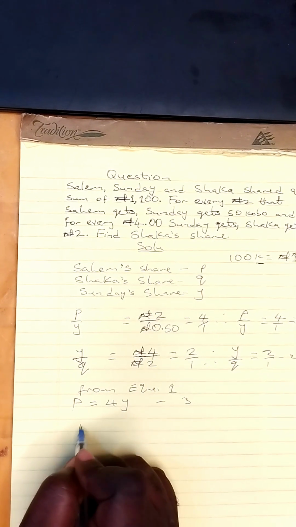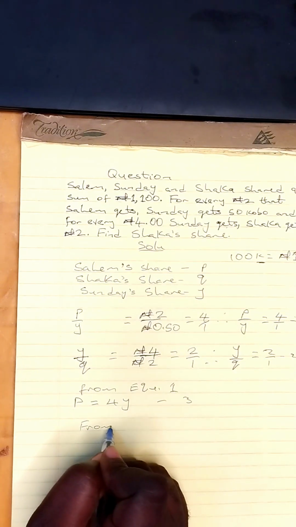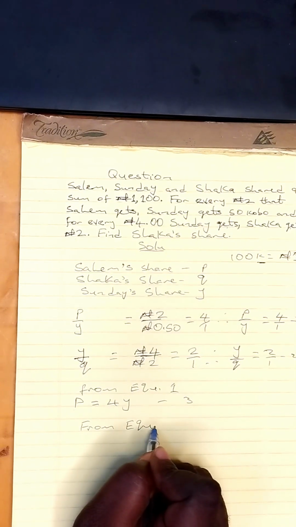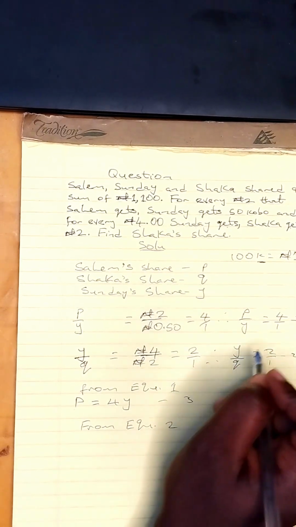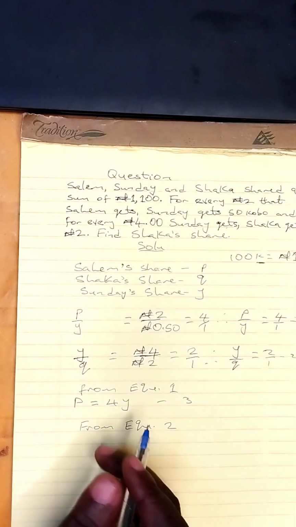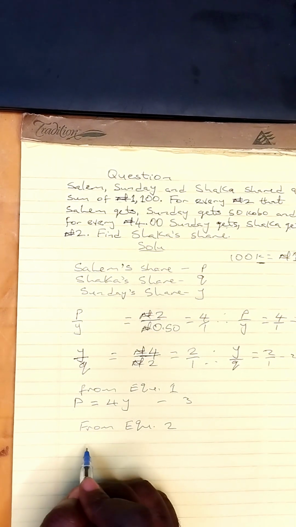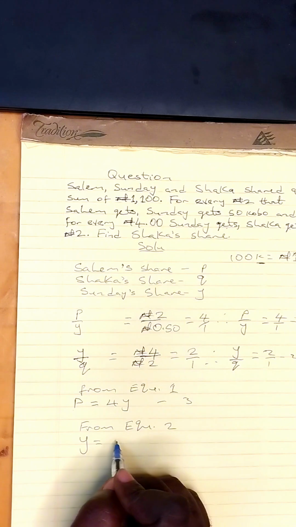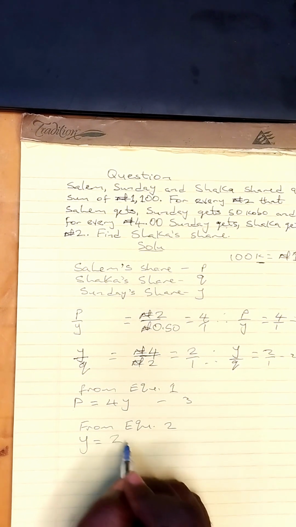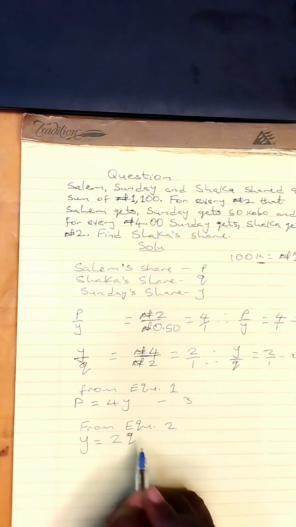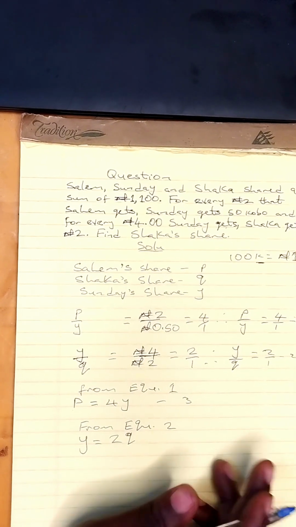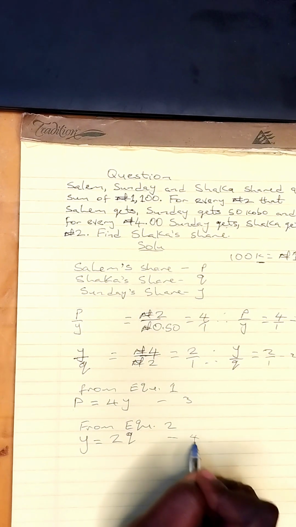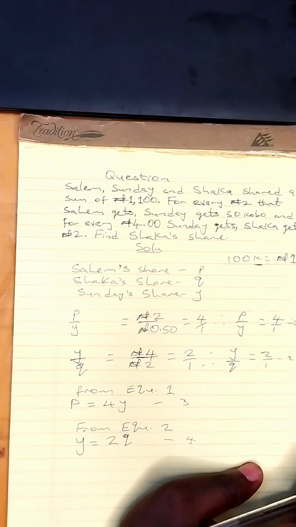Now from equation 2, when you cross multiply, you have Y equals 2q. This is equation 4. And you think that's where all the equations are.